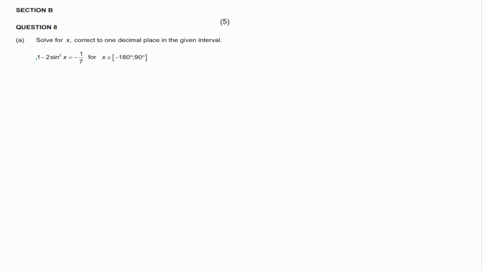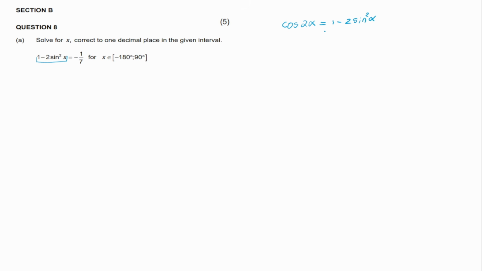We're given 1 minus 2 sine squared x is equal to negative 1 over 7. We have an identity on our formula sheet that says cos 2 alpha is equal to 1 minus 2 sine squared alpha.